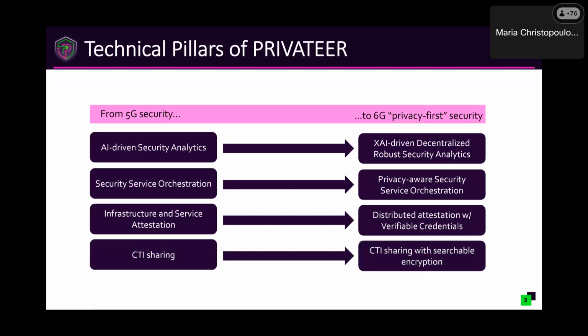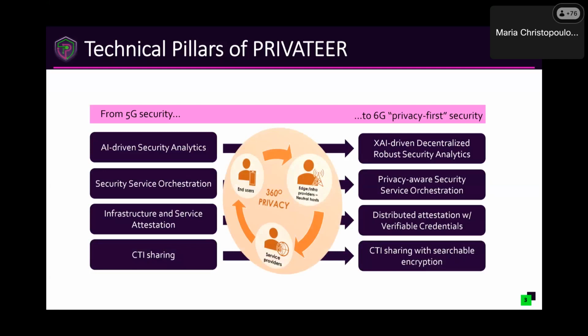And finally, we also introduce cyber threat intelligence mechanisms based on searchable encryption in order to preserve the privacy of stakeholders in a 6G environment. As stakeholders, we include the end users, the infrastructure providers, the mobile network operators, and the service providers.